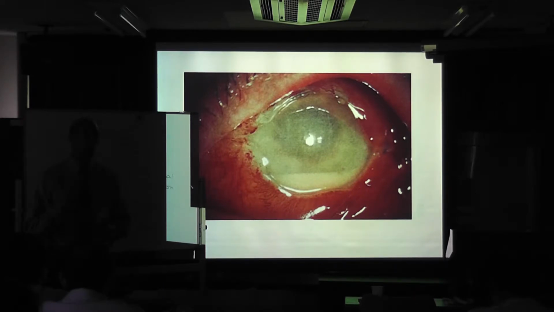This medical word is endophthalmitis. It's a long word, but endo means inside, eye infection. So maybe the patient has eye surgery, maybe eye trauma, maybe bacteremia, endocarditis, and it enters inside the eye.